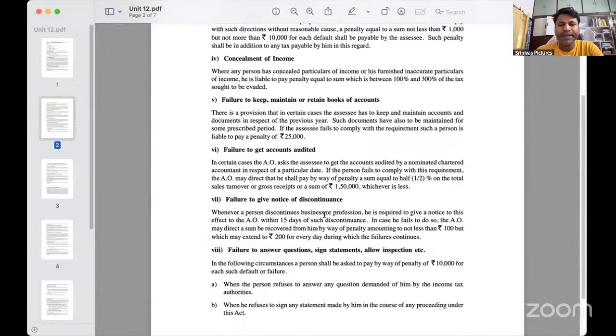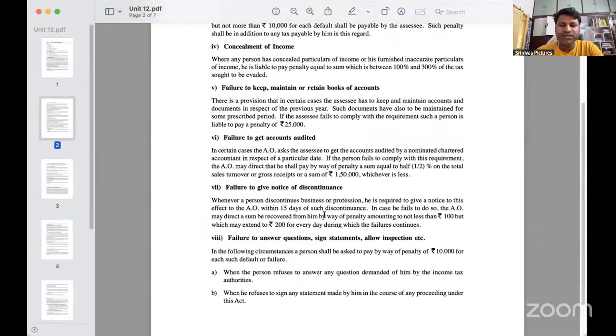Failure to maintain and retain books of accounts: in certain cases, the assessee has to maintain accounts and documents in respect of the previous year for a prescribed period. If the assessee fails to comply, then whatever accounts, books and records are there, they have to be maintained up to a certain period as per the direction of the income tax department. When they are not able to maintain them, they are penalized with rupees 25,000.